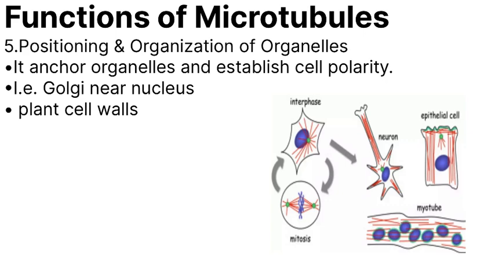For example, the Golgi body, ER, and mitochondria within the cytoplasm can be arranged, deciding which side of the cell faces where. For example, we know that the Golgi apparatus is fixed. Its position is fixed near the nucleus. By what? With the help of these microtubules only.